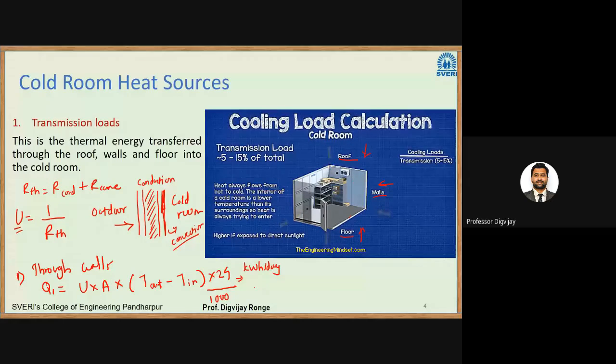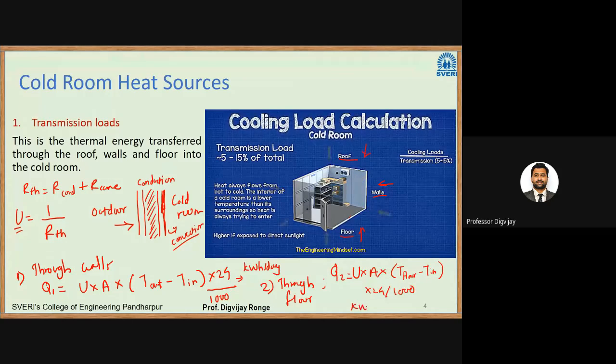Okay. Similarly, this is through walls. Second will be through floor. In that case, Q2 will be equal to UA. I am assuming that the U value is constant for all walls, into A, area of floor, into T of floor minus T in, again into 24 divided by 1000.